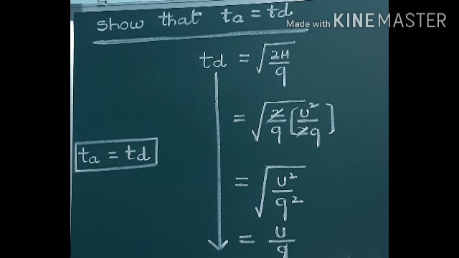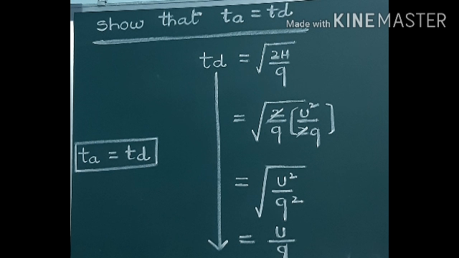In place of h I substitute u square by 2g; the 2 cancels, giving u square by g square, and in the square root the squares are removed, so we get u by g. So time of descent is u by g.